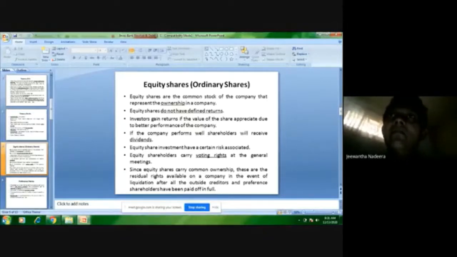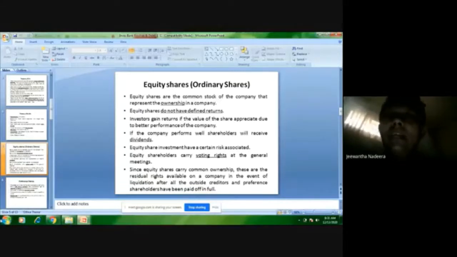When the stock market is going up and performing, it says the country's economy is going well. That is one of the indicators, not the only indicator. Share market price going up says the economy is running well.